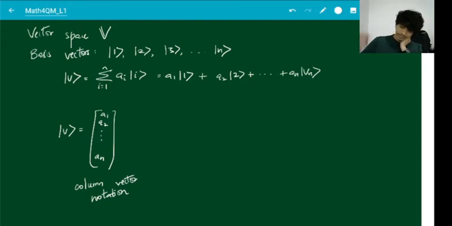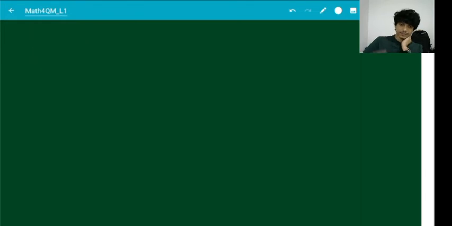So let's get a little bit of practice with this notation. Suppose I give you some sets. I want you to tell me whether these sets of vectors are linearly independent and whether they span the vector space.